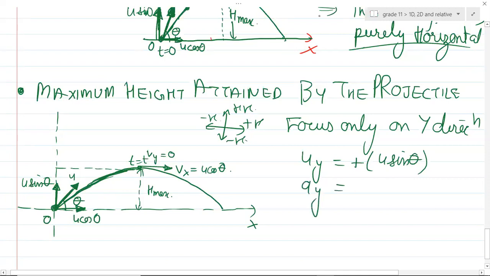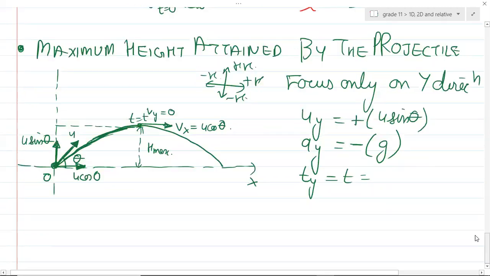What about the acceleration? Can anyone tell me about the acceleration? Please, guys, can you unmute your mics? Yes, sir. Parinita, Sania, Cyril, unmute. So ay will be equal to minus g. What will be the time? Although we don't require time, it will be something for later on.